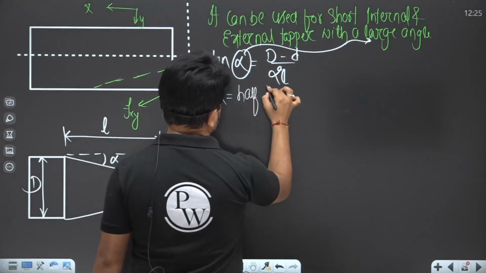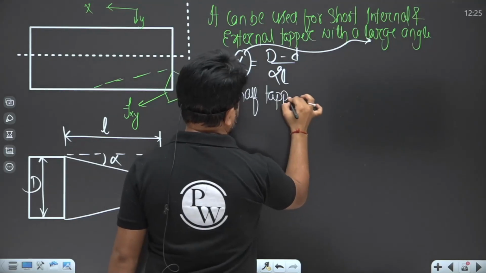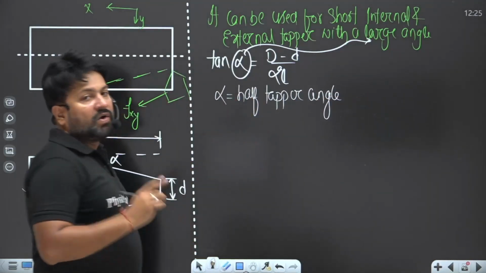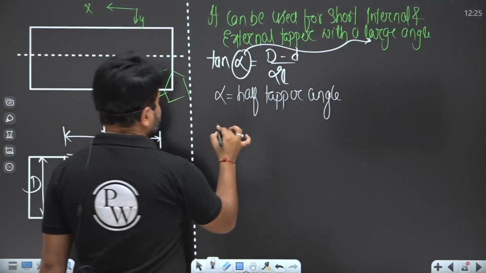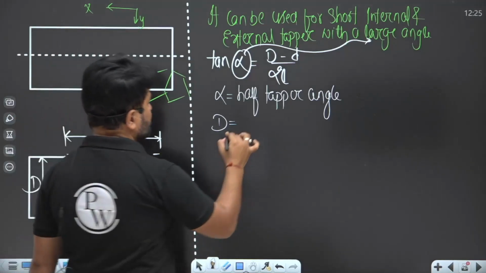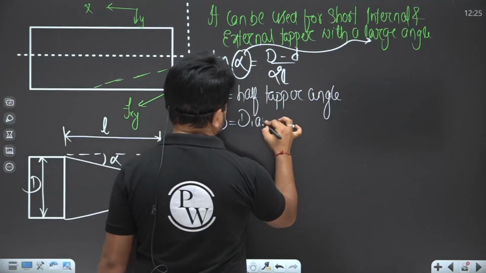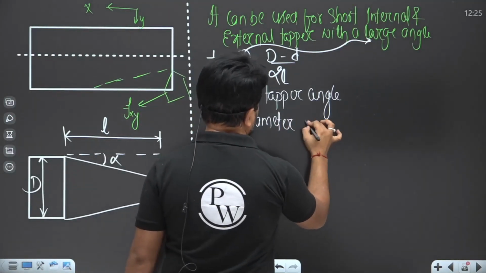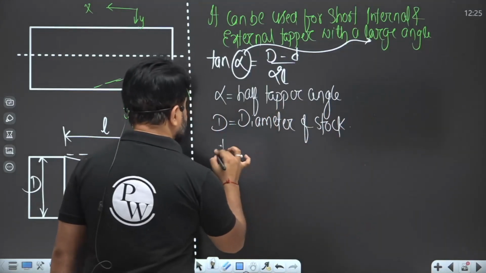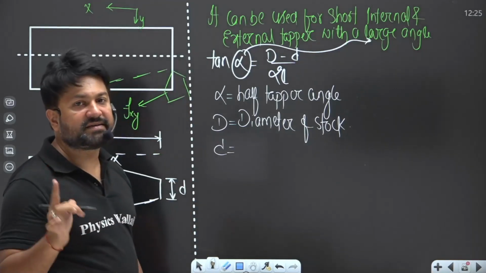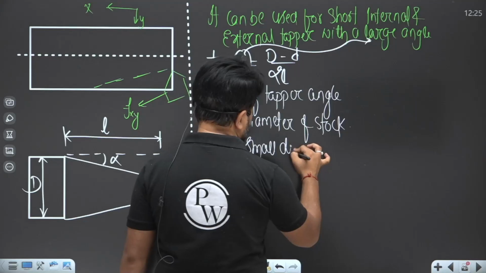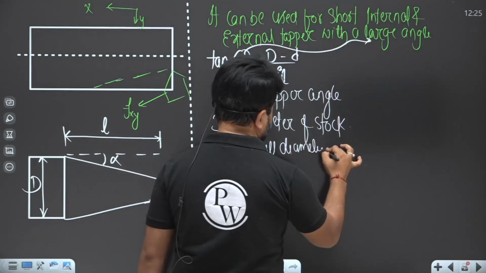Capital D is the diameter of stock. Small d is the small diameter.